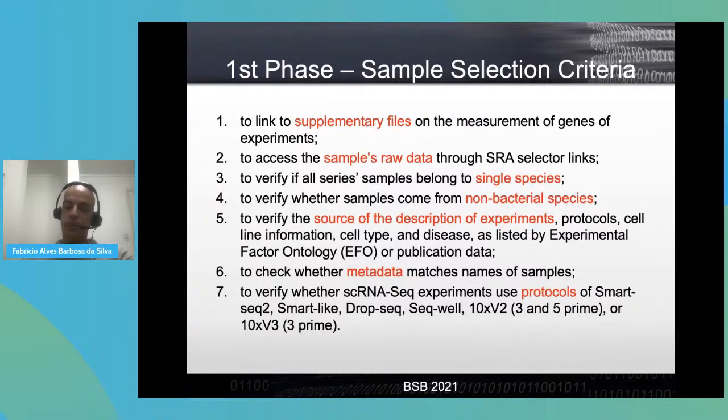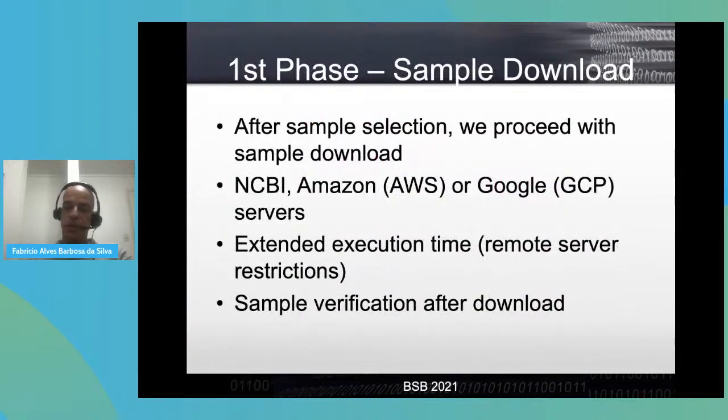So, if we have a particular data set, a set of samples that comply with these criteria, we proceed with the downloading. We use the NCBI server for that, NCBI portal, and we have actually three choices for downloading. We can use either the NCBI server or the Amazon or Google platforms.